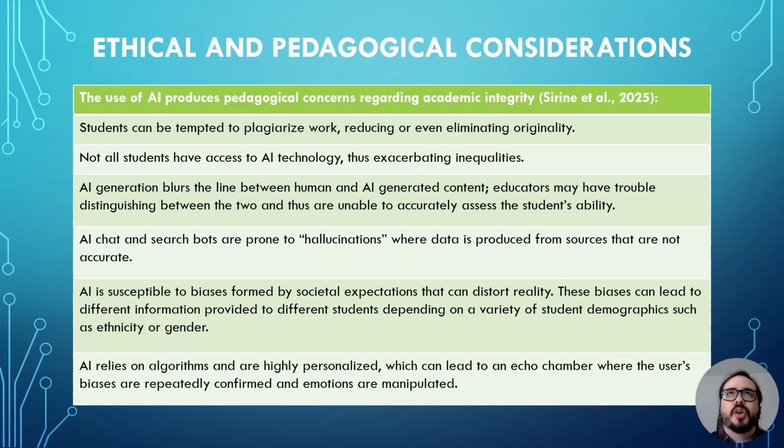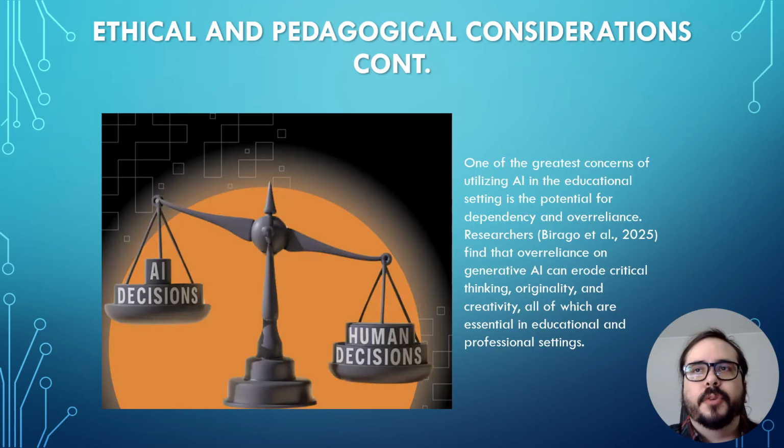Institutional support for AI literacy is very important as this becomes more and more relevant as time goes on and technology advances. So there are methods of minimizing some of these negative outcomes if precautions are taken. One of the biggest concerns regarding AI tools is over-reliance and just depending on it way too much. This can erode critical thinking, it can erode originality and creativity.